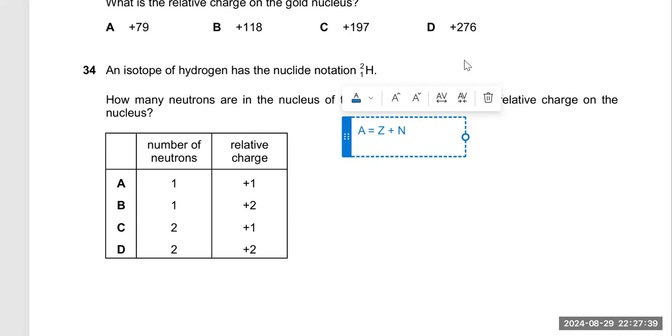The atomic mass given to you is 2, and 2 is equal to proton number 1 plus the neutron number, which you have to find. So 1 will be less on the left-hand side. Okay, so your answer is 1.